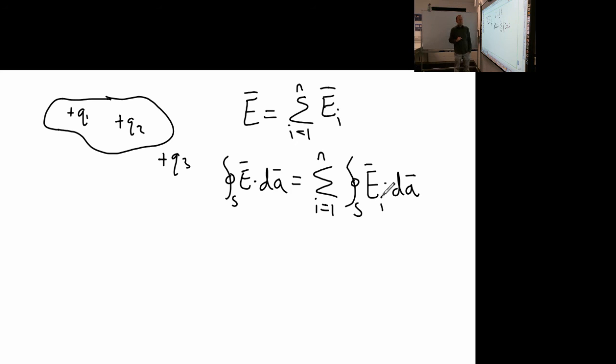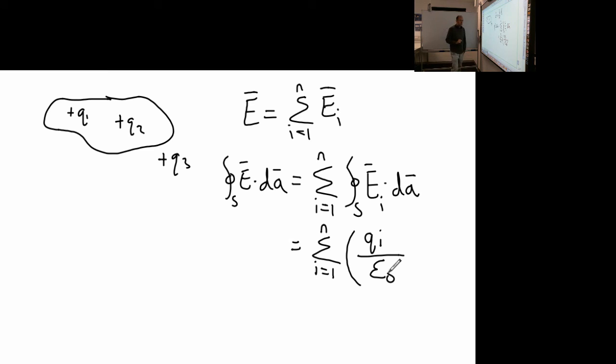Okay, and as we saw previously, this integral is just going to work out as Q over epsilon naught. So now what we have is the total flux can just be written as the sum of Qi over epsilon naught.